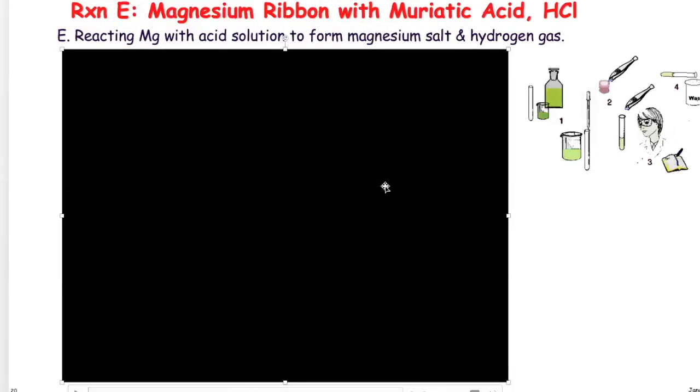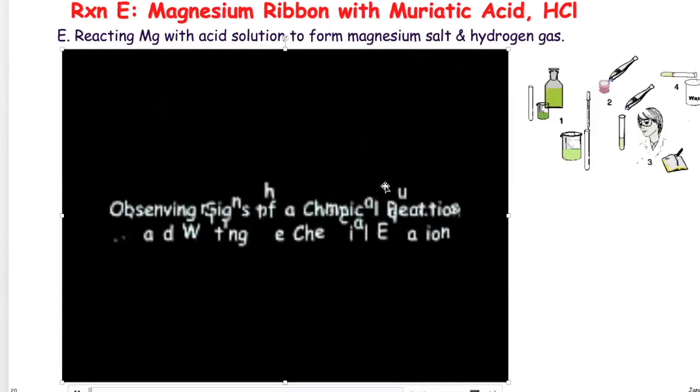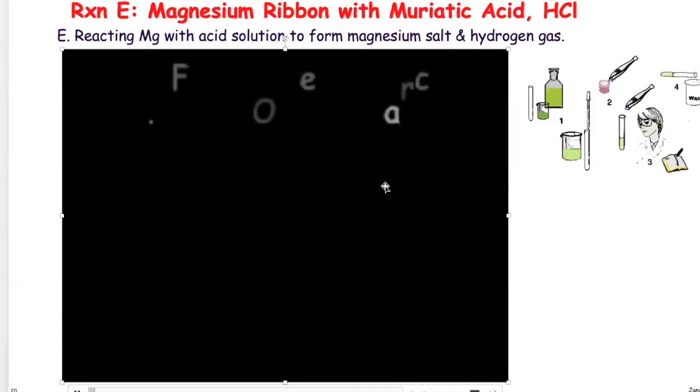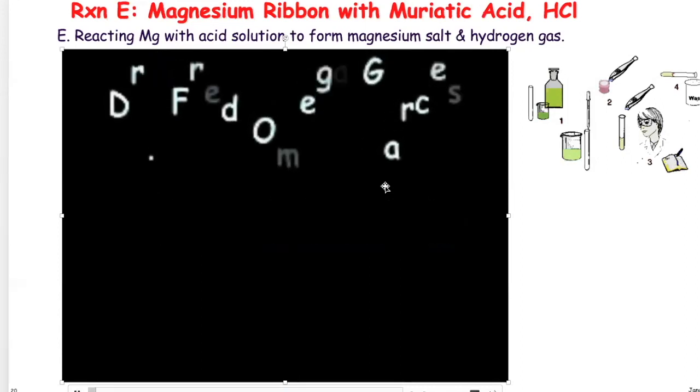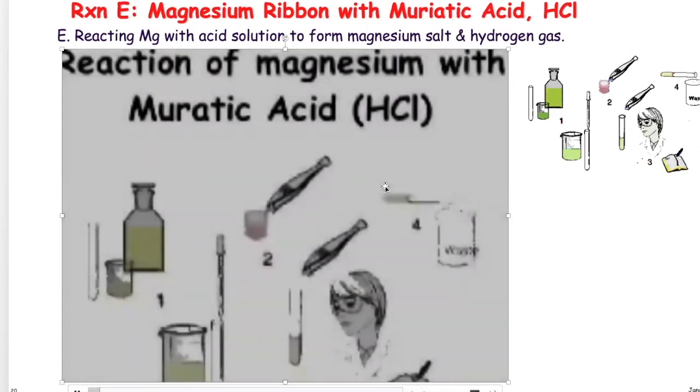So this is hydrochloric acid with magnesium ribbon. And whether you use hydrochloric acid or acetic acid, they both will work. So let me let you guys watch that. I got to get some water.